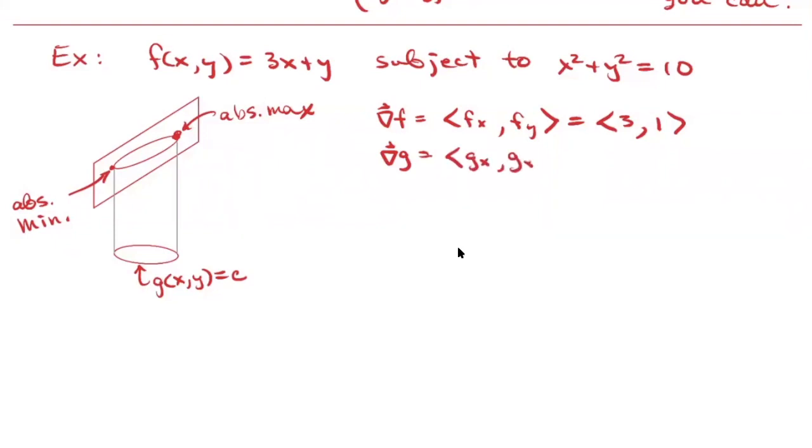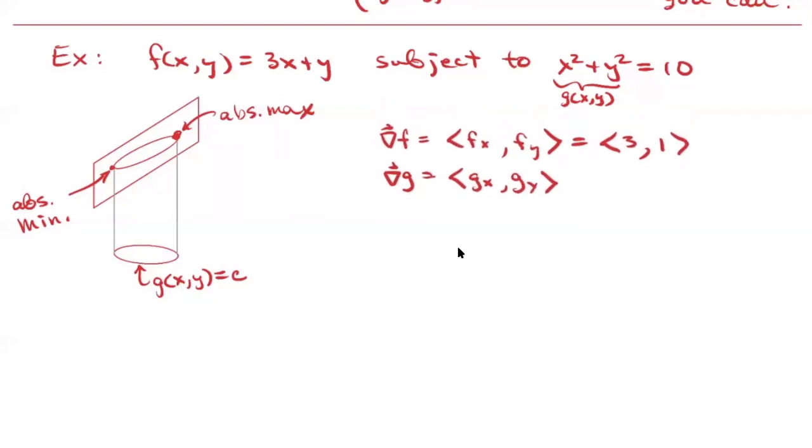Now, g is the constraint curve, so maybe I should highlight that. This x squared plus y squared is g of x, y. So that should be 2x, 2y. Okay, any questions out there?